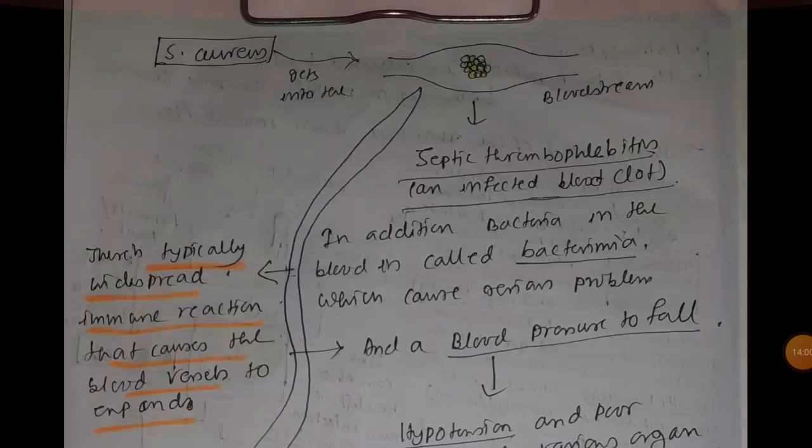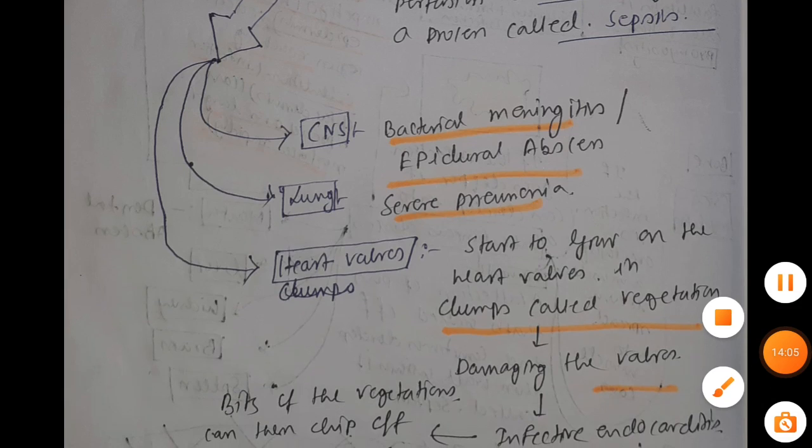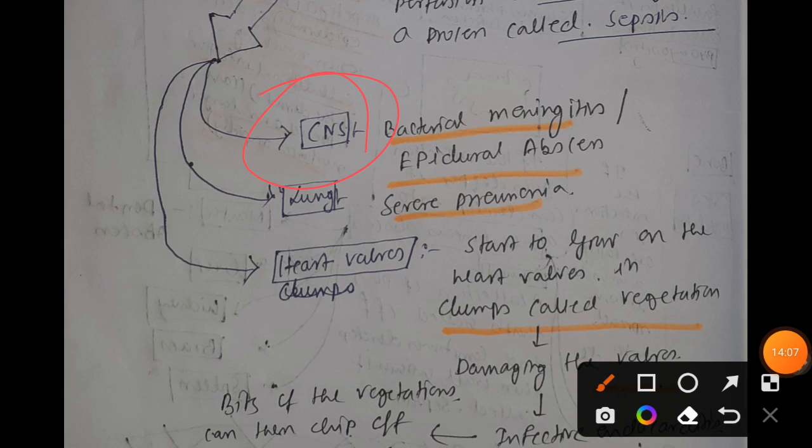So now from the blood it can transfer to various important organs. It can transfer to the central nervous system causing bacterial meningitis or epidural abscess. It can also transfer to the lung causing severe pneumonia.